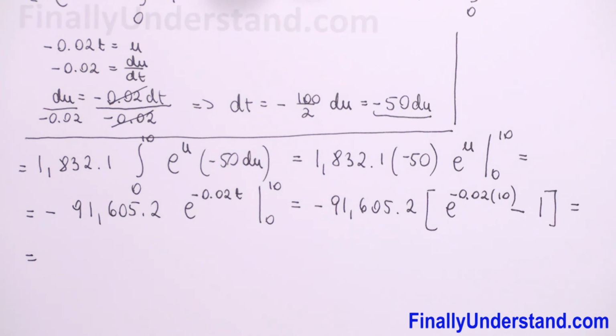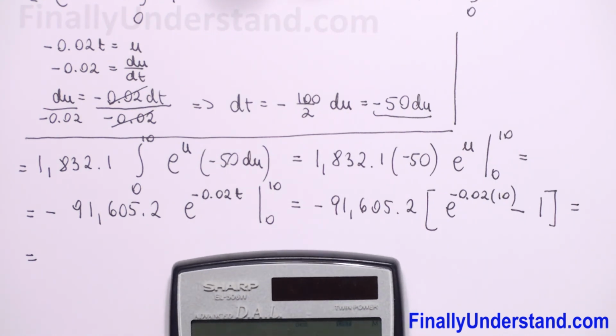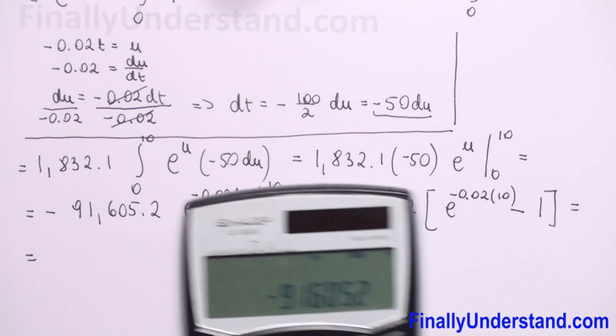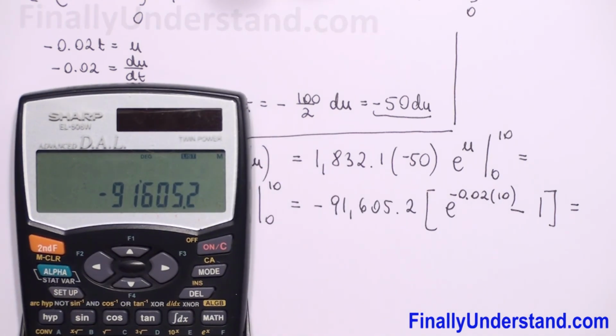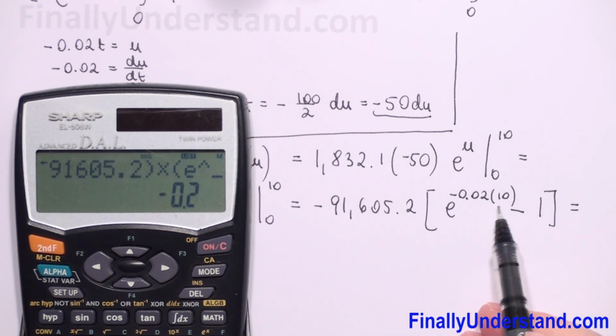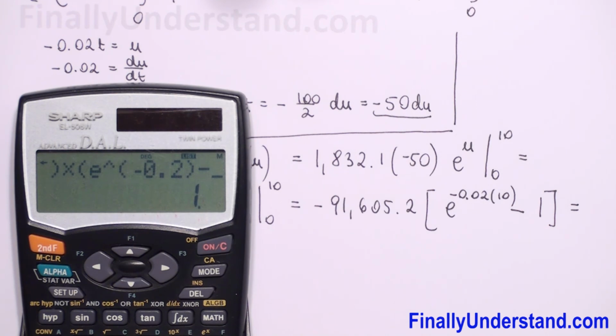We can use a calculator. We will have negative 91,605.2 times, and in parentheses we have e to the power negative 0.2, because we multiply by 10, minus 1, close parentheses.